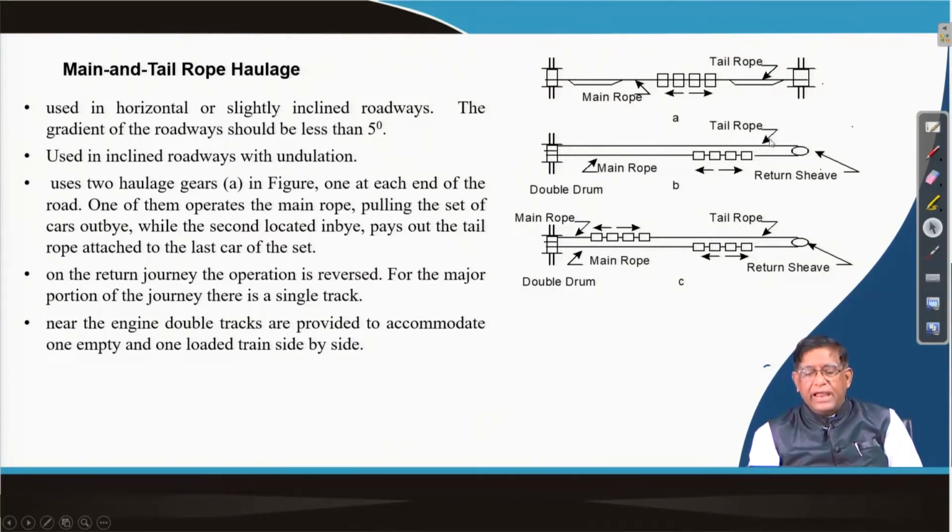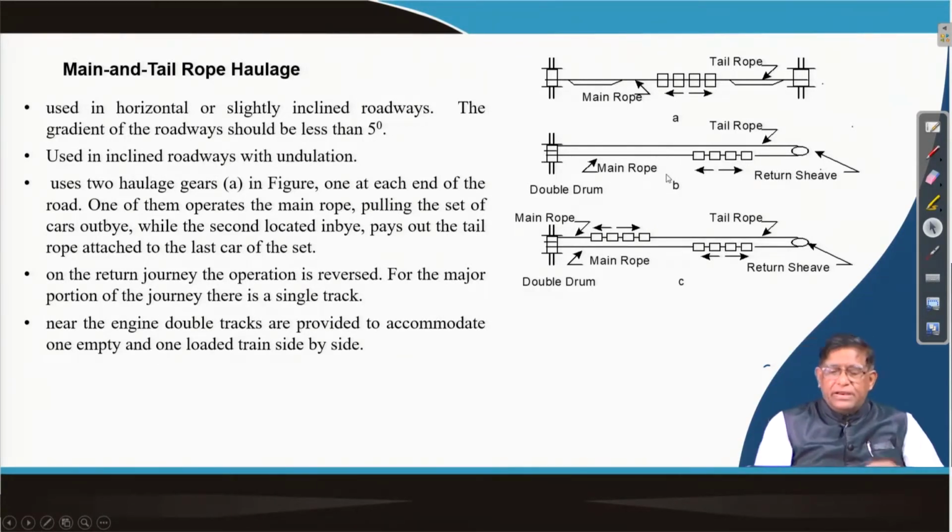So, that is the way, and here we will have the arrangements near the face where the coal will be loaded onto these cars. And then there is another arrangement where sometimes you do not connect this one. Here the tail rope may not be connected, and these drums will be rotating in both directions, and this will be just shunting like this.